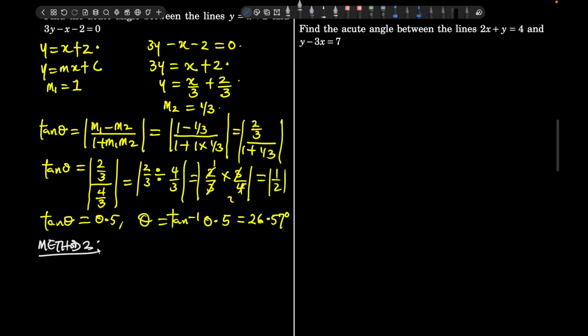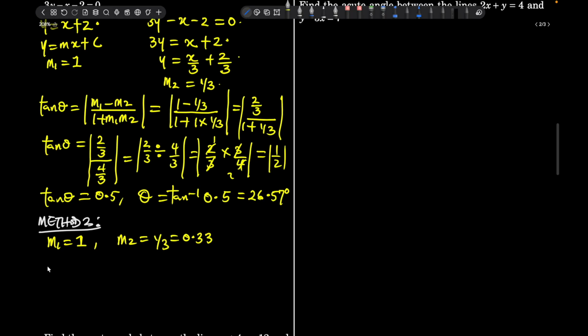For method 2, since we know that m1 is 1 and m2 is 1 over 3, which is 0.33 on your calculator, what you just do is, for the first line, tan theta 1 is equal to 1. So theta 1 is equal to arctan 1. What is arctan 1? 45. So theta 1 is equal to 45 degrees.